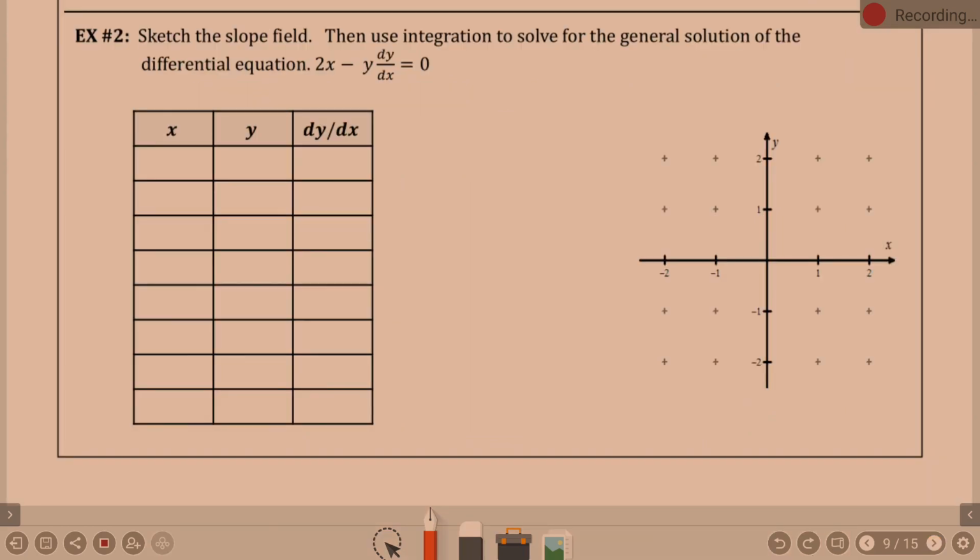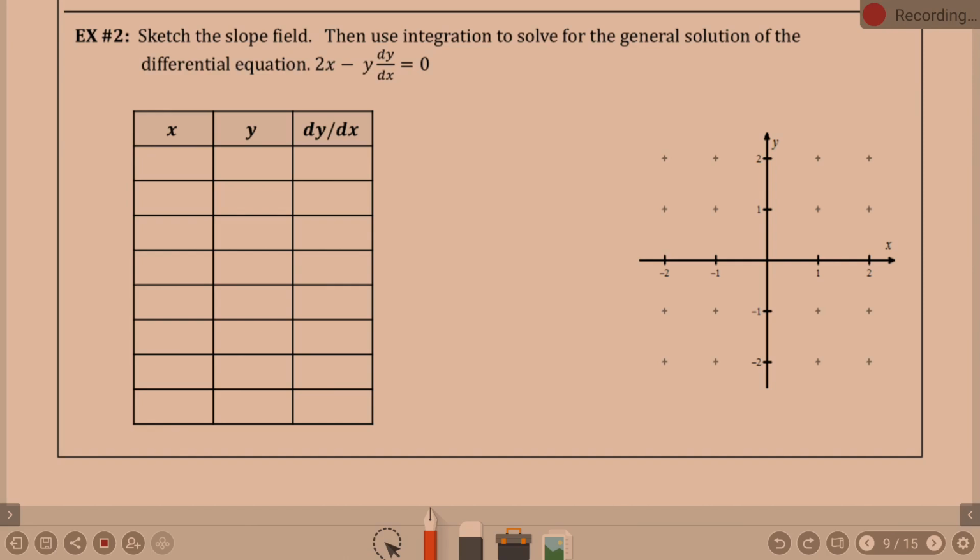Okay. Sketch the slope field, then use integration to solve for the general solution of the differential equation 2x minus y dy/dx equals 0. Now, at this point, there's a chart. Notice this time we don't just have x's, do we?